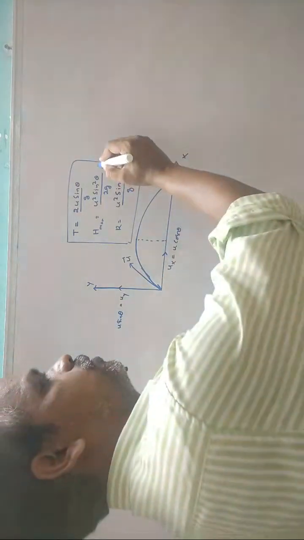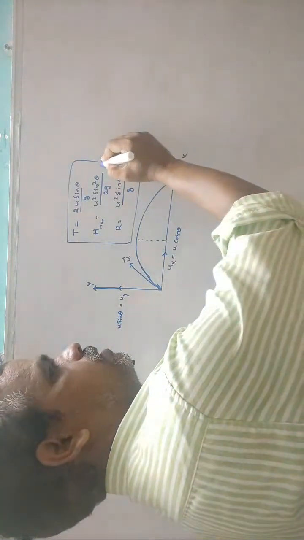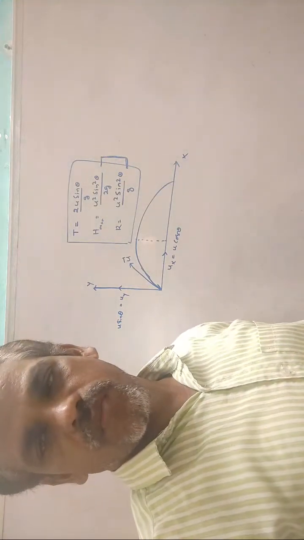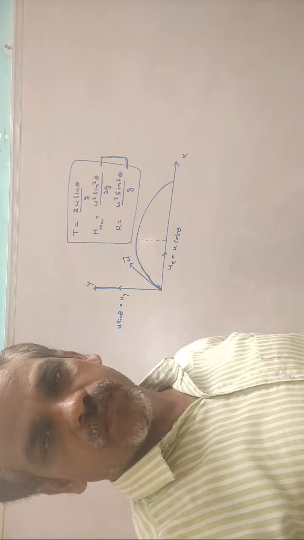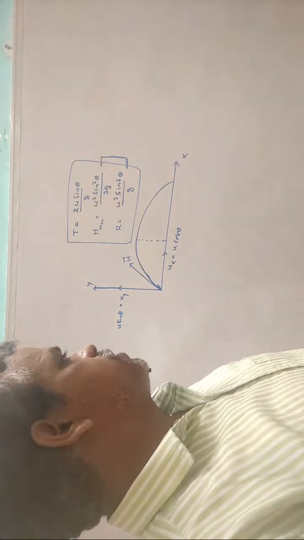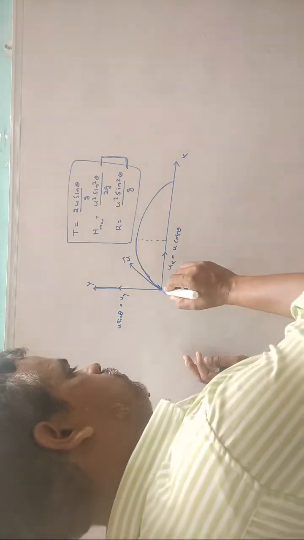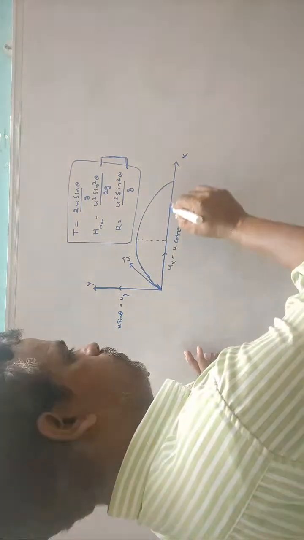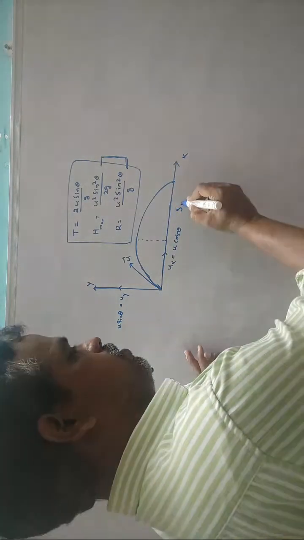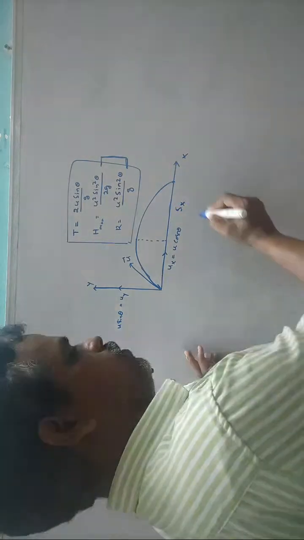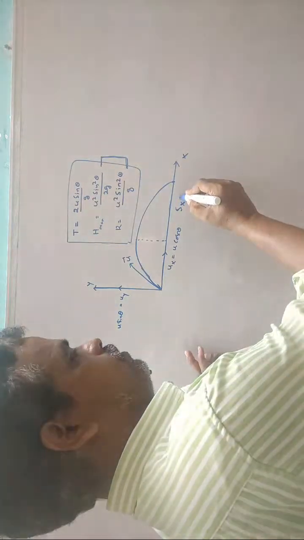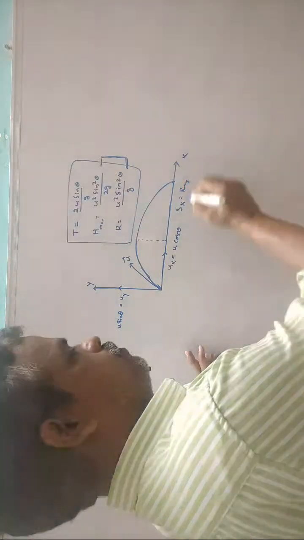So now I want to form a relation between these two. That is, in oblique projection, the relation between maximum height and range. See, this will be the range, that is Sx, the displacement on the x-axis, that is nothing but range.